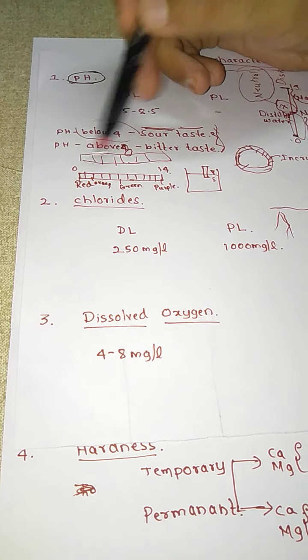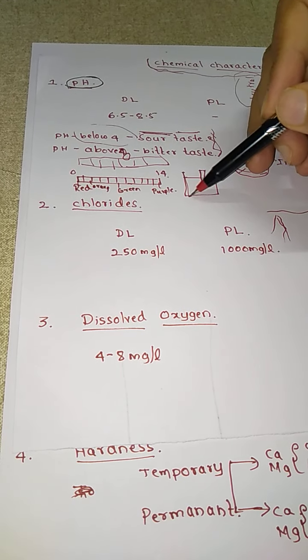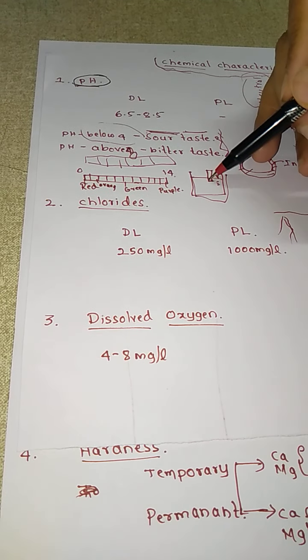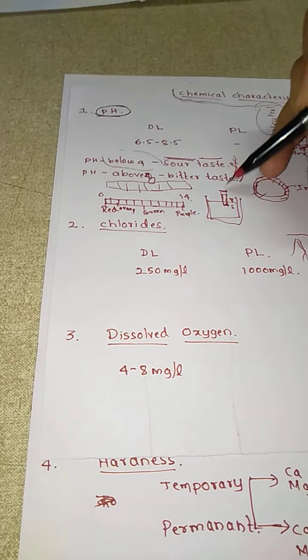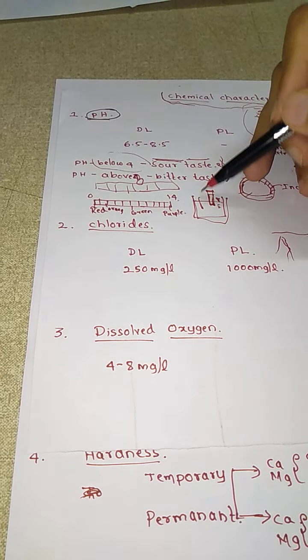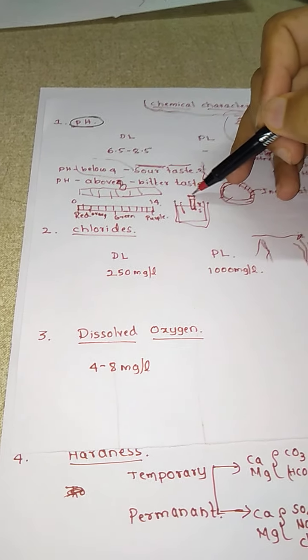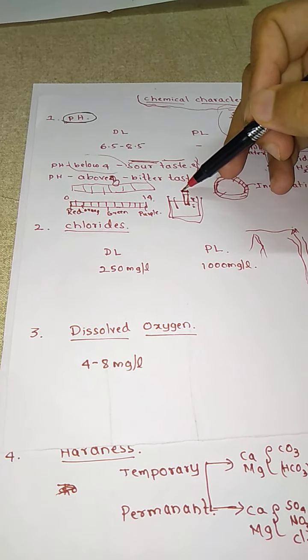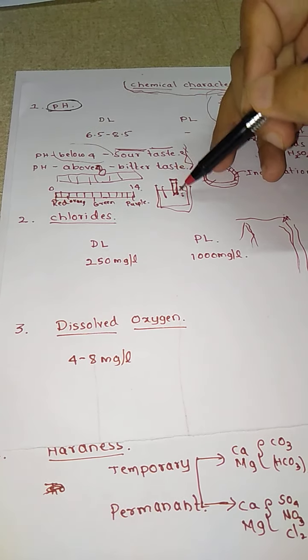Now, when we take a beaker of solution and want its pH, we dip this litmus paper, or pH paper, into the water sample.